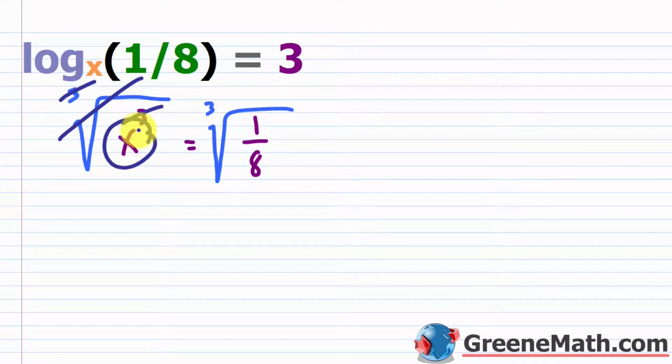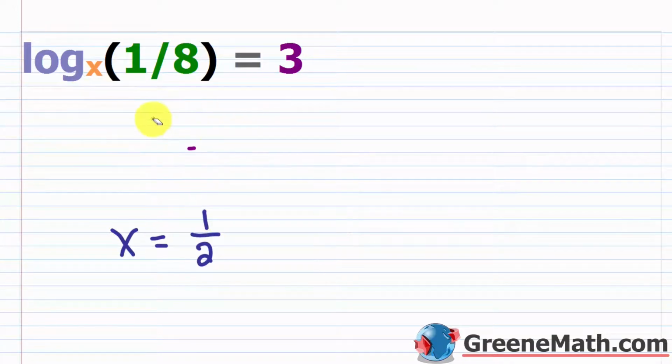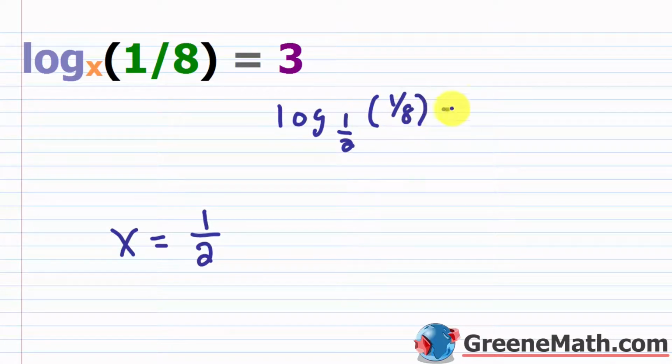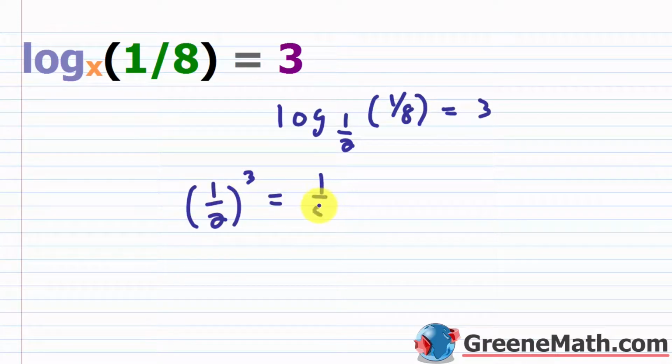And I'm just left with x, and that'll be equal to the cube root of 1/8, which is 1/2, because the cube root of 1 is 1, and the cube root of 8 is 2. So x equals 1/2, because log base 1/2 of 1/8 is equal to 3. If I took 1/2 and I raised it to the 3rd power, I would get 1/8, right? 1 cubed is 1, and 2 cubed is 8.